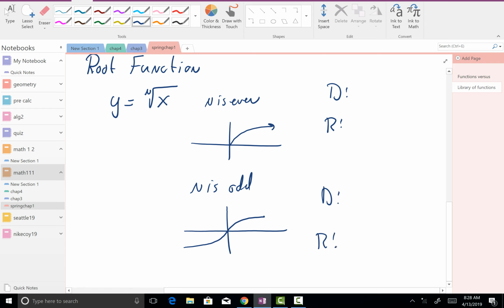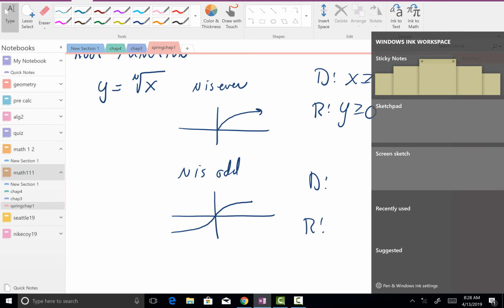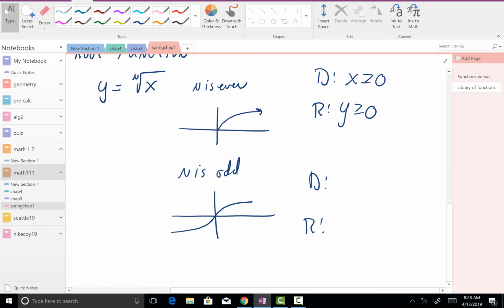So what about the domain when it's even? Good. 0 or greater. Okay, range? Same thing. Good. Okay, n is odd? Domain? All reals, good.